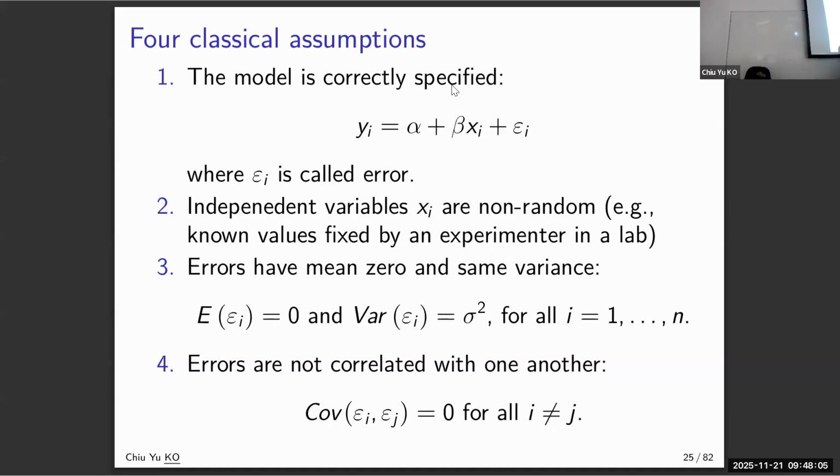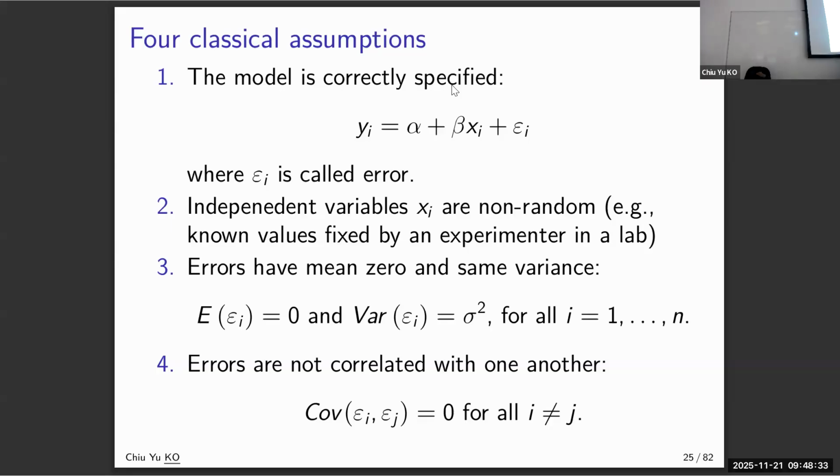Of course, if you omit something that is important, of course you run the wrong model, right? But in this class we don't have this issue, so we always have no problem with that. But the main thing here is the second assumption, that X is non-random, and because X is non-random, the only random thing in this model is the unobserved epsilon, the error.